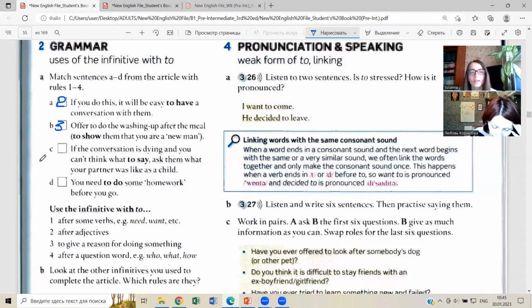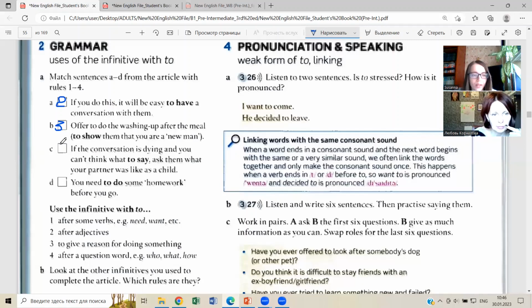It is a reason. If the conversation is dying and you can't think what to say, ask them what your partner was like as a child. Want to say, it is number 4 after question word. Yes, after question word, and we see here the question word is what.